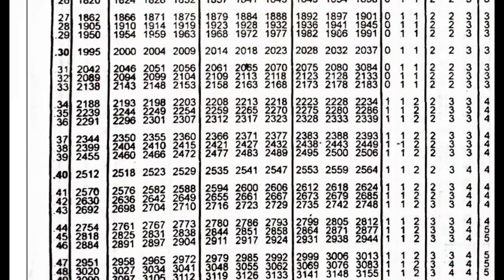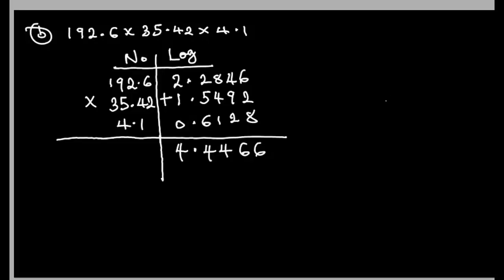When you look for it and check your answer down there, after adding it gives us 2797.